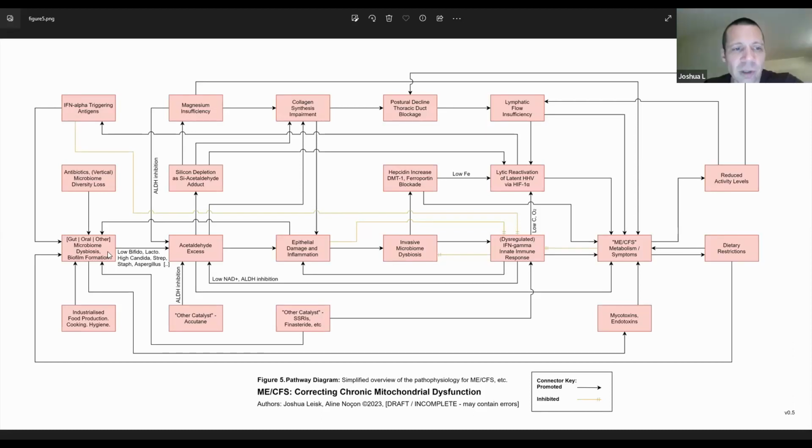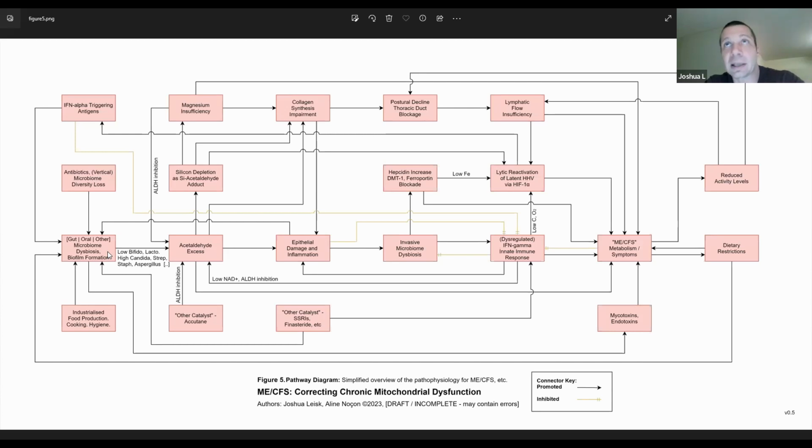So let's start off with the biofilms and the dysbiosis. This problem has a slippery slope that goes back very likely to childhood, and it starts off with, I suppose, a lack of diversity and a dominance of certain species which produce biofilms.